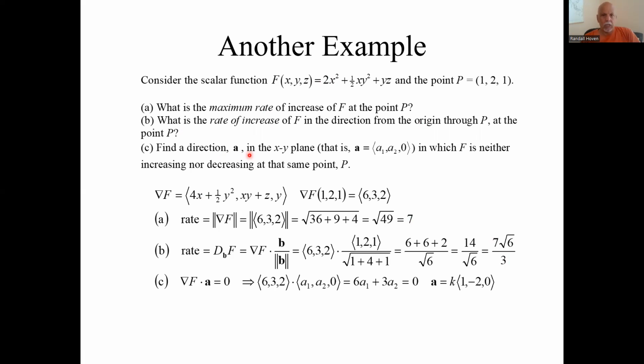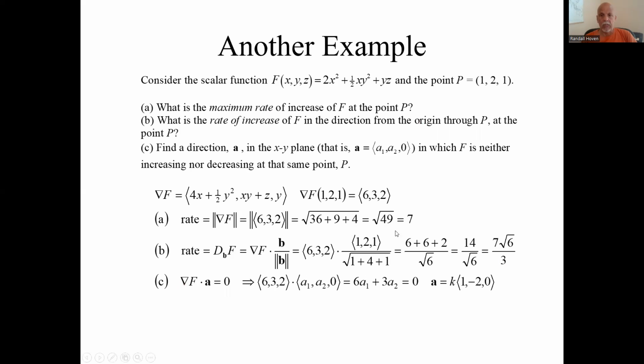And finally, this direction of part C, we explicitly say, here's what your a vector looks like: some number in the x and y places and 0 in z, in which it's neither increasing nor decreasing. Key there is to look where that dot product equals 0. Here's what we want to happen.